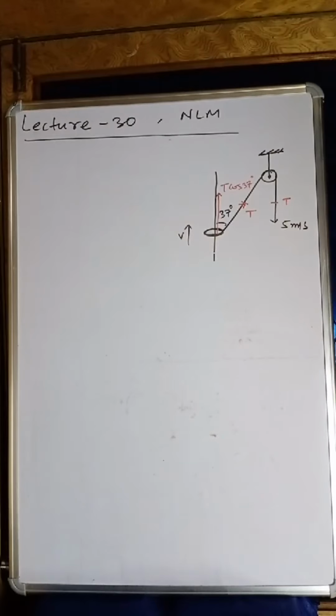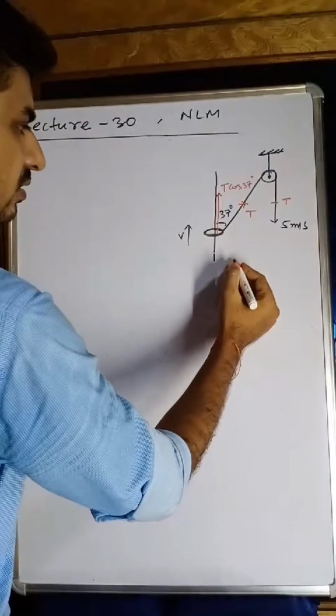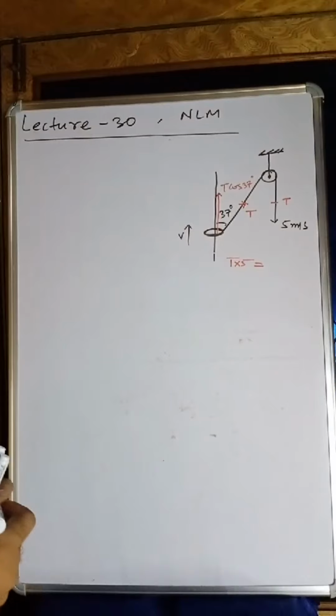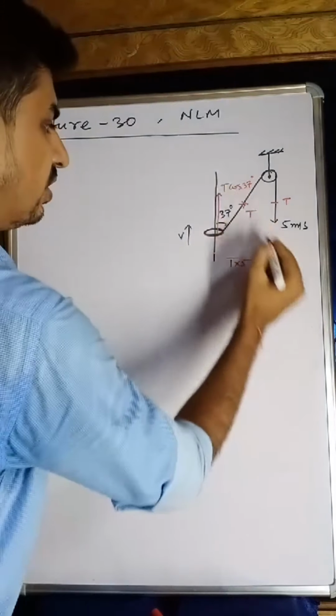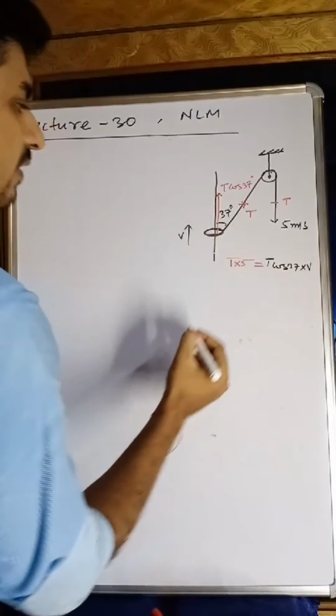Am I right? Yes. Now you can write here T into V is equal to T cos 37 into V, that we have to find.